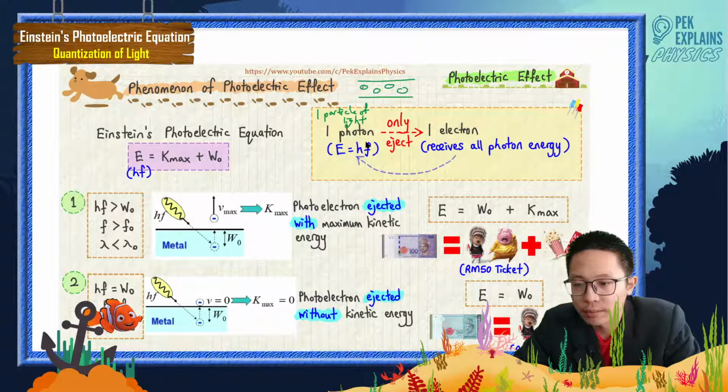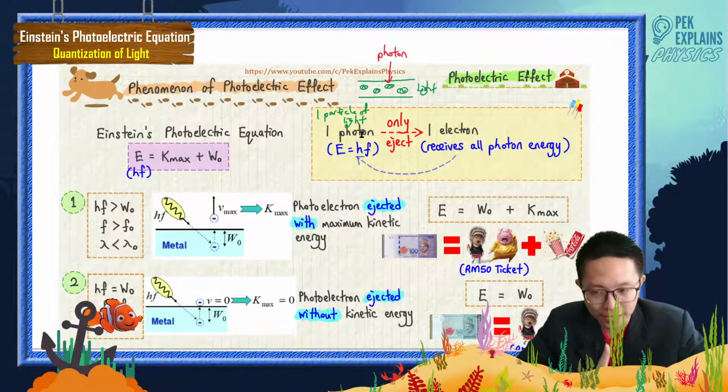So light has many particles. This is the light, and photon is the particle. Each particle of light is called a photon.